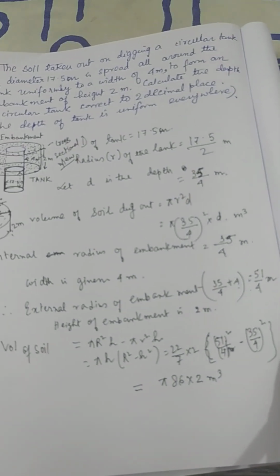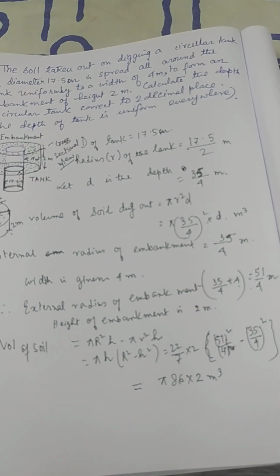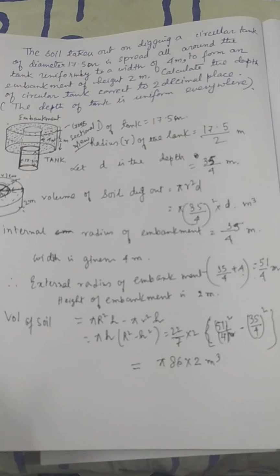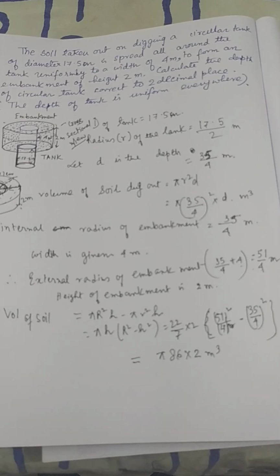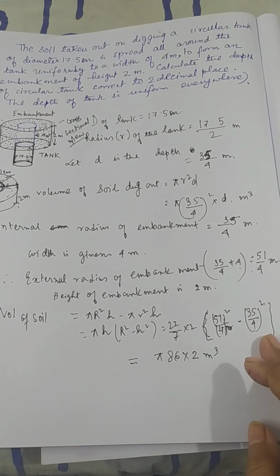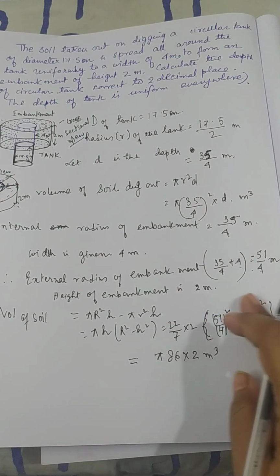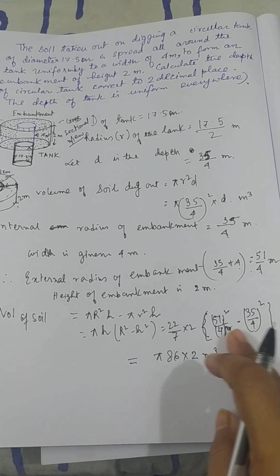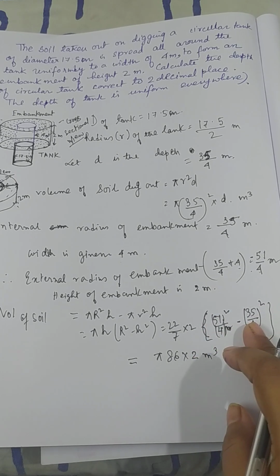The calculation part I am skipping because it will take unnecessary time. You are in class 9 or 10, so you can easily understand what should be the calculation. To minimize it, I am also giving a clue to you. You can make it in an algebraic format, a square minus b square.